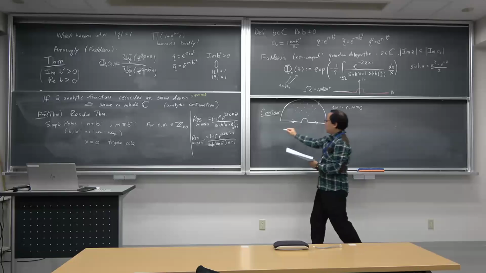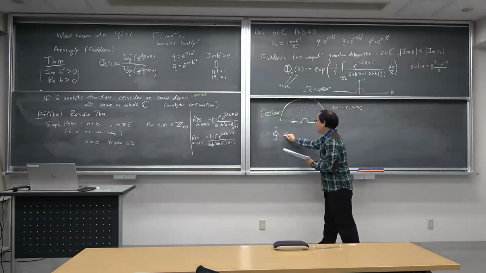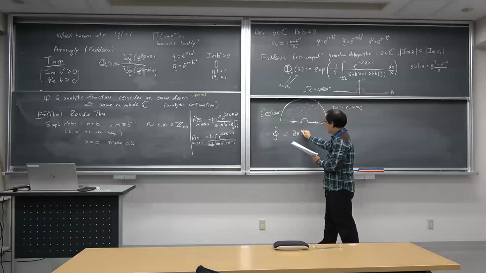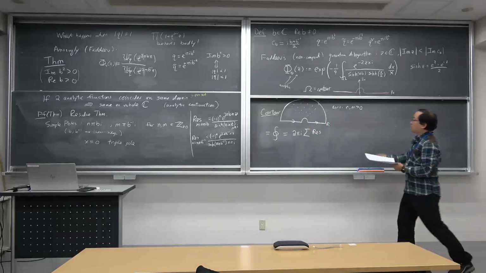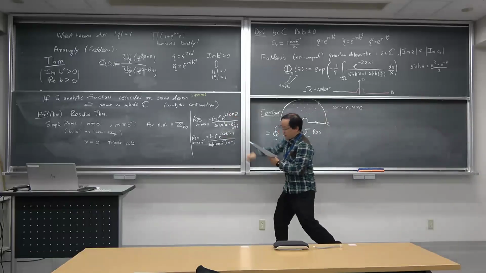If I compute the integration of this, then by the residue theorem, I'm looking at the summation of the residues of the things inside, which means I'm looking at summation of these terms.